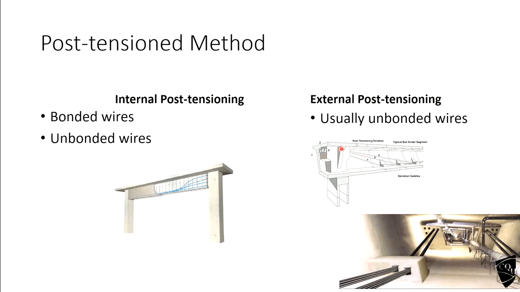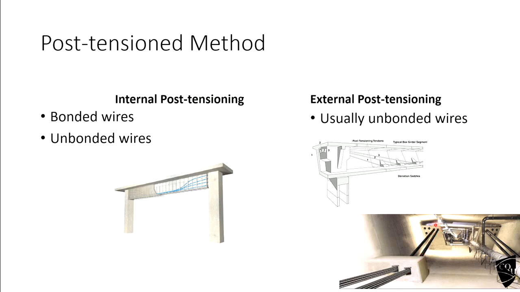This is a half cut of the box girder, so you can see the wires or tendons can be placed. In this case we don't normally put the ducts there. Rather we put some provisions to insert the wires or tendons. Okay, there are no ducts here.